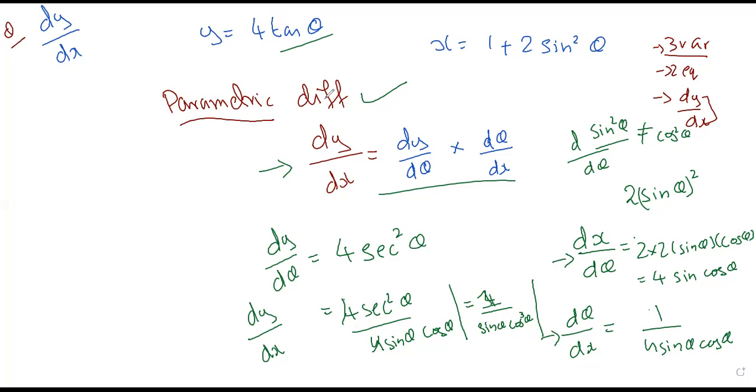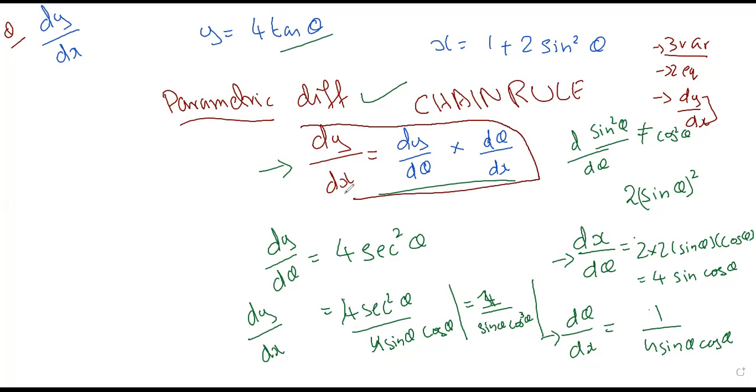And when it comes to parametric differentiation, never forget the chain rule. dy by dx equals dy by whatever the third variable was. In this case, it is theta. In the last case, it was t. So here, since it was theta, we have dy by d theta into d theta by dx. dy by d theta was very easy to find.